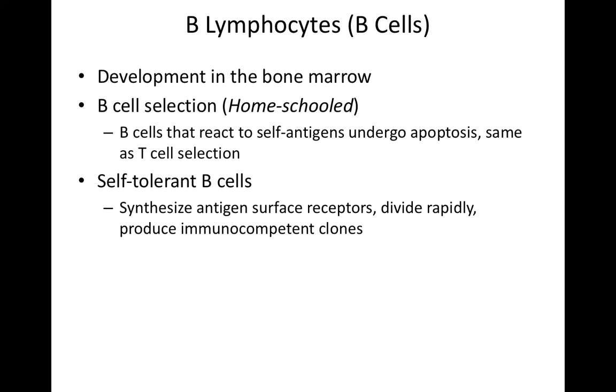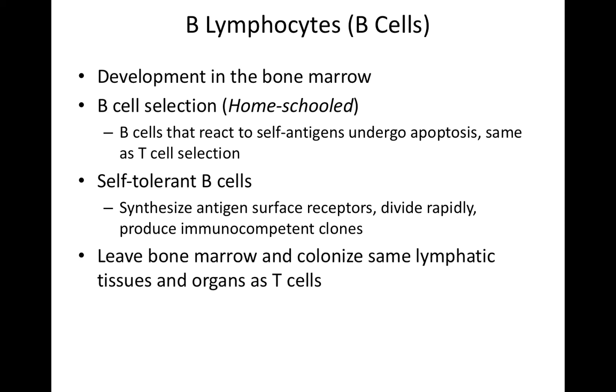And they're going to make a bunch of clones once we have determined that they have a good antigen receptor and don't react to self. From there, they're going to head out and deploy out to the same workstations as we would see the T cells do.